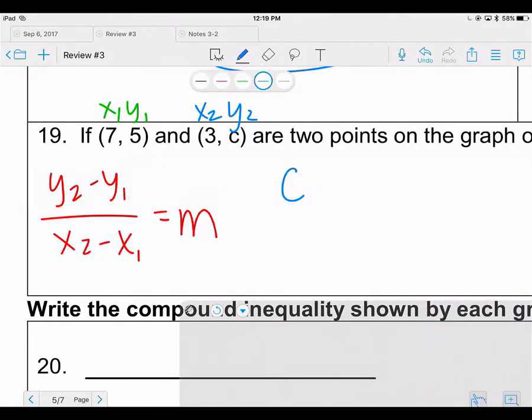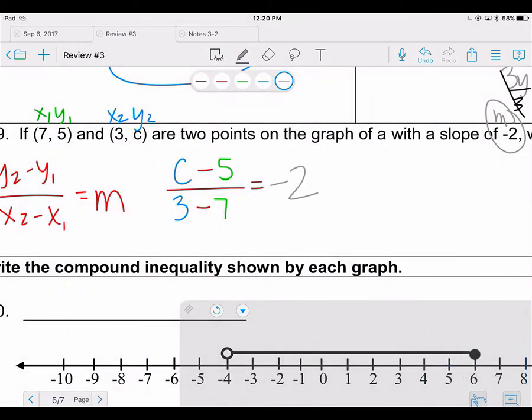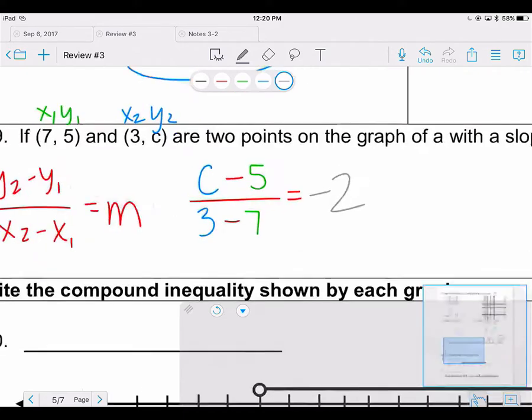So y2 minus y1 over x2 minus x1 equals my slope out here of negative 2. Okay, so I've color-coded everything for you. The minus, divided, and equals are from the red that was originally there in my equation. The negative 2 comes from the slope. And then y2 minus y1, x2 minus x1.